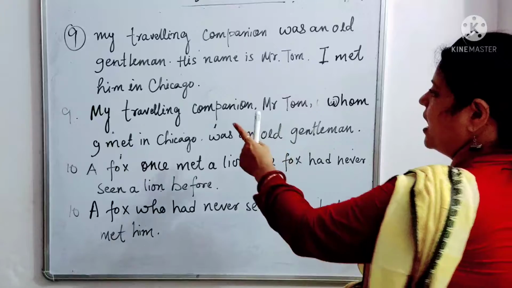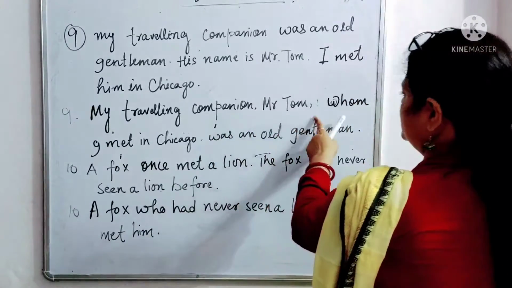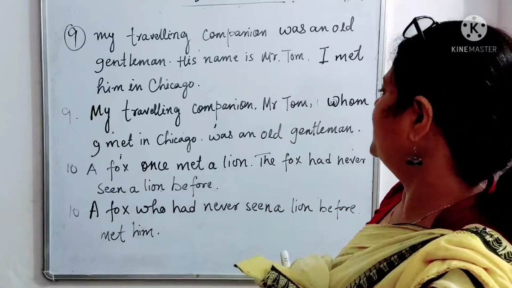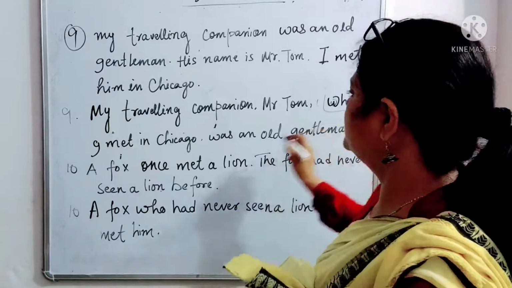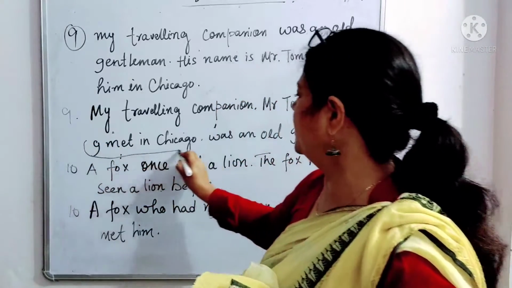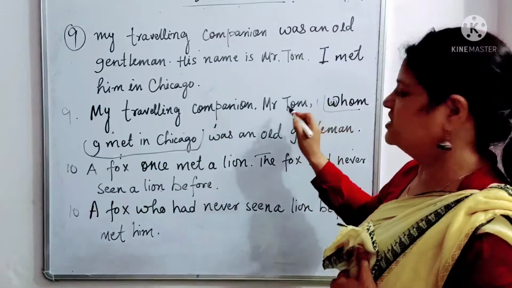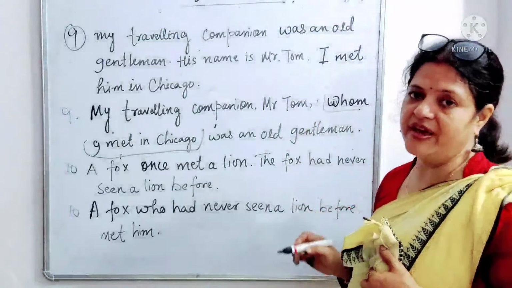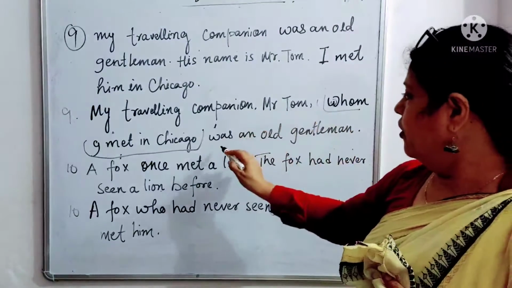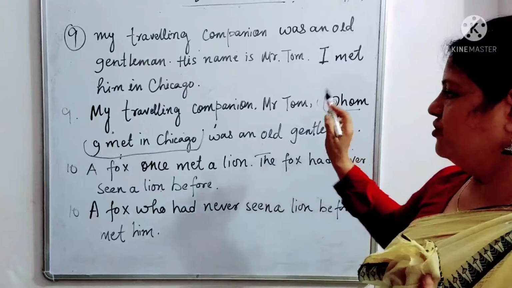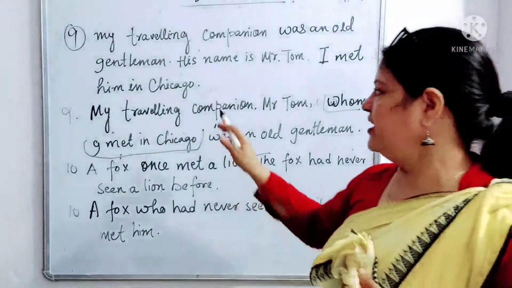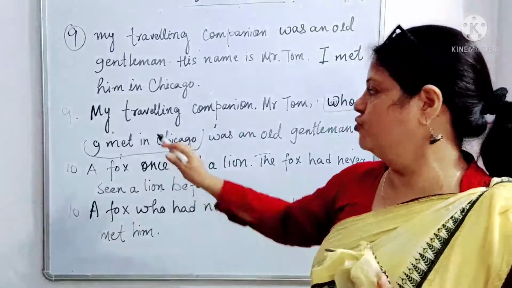So my traveling companion Mr. Tom, whom I met in Chicago. So whom I met in Chicago, this is a subordinating adjective clause which has come just after Mr. Tom to qualify him, was an old gentleman. So here we see that we have divided this main clause into two parts.